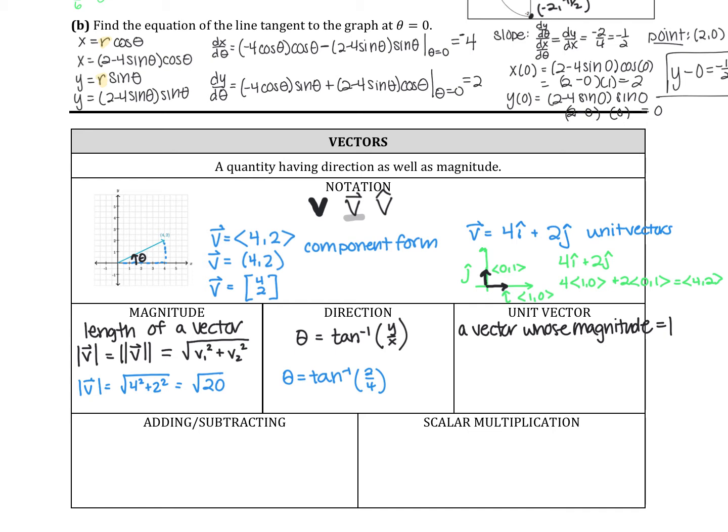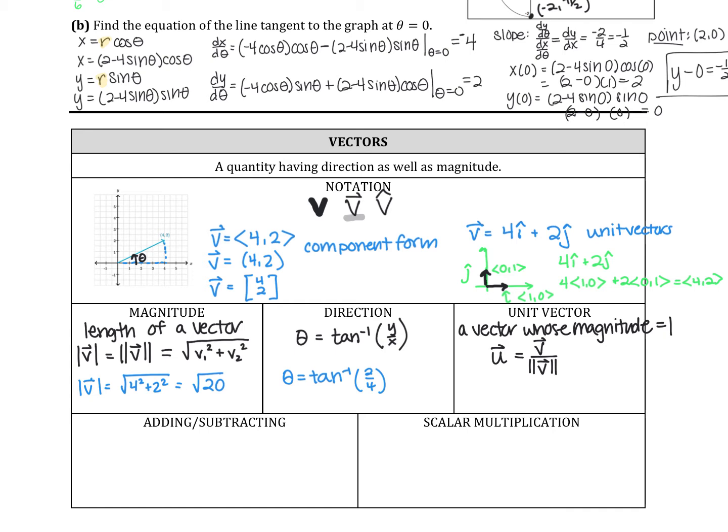And the way that we find the unit vector is we take the vector itself and divide by the magnitude of the vector. You will notice that the result of the unit vector is another vector, whereas the result of the magnitude is a scalar, meaning it is just a single quantity, it is not a vector.